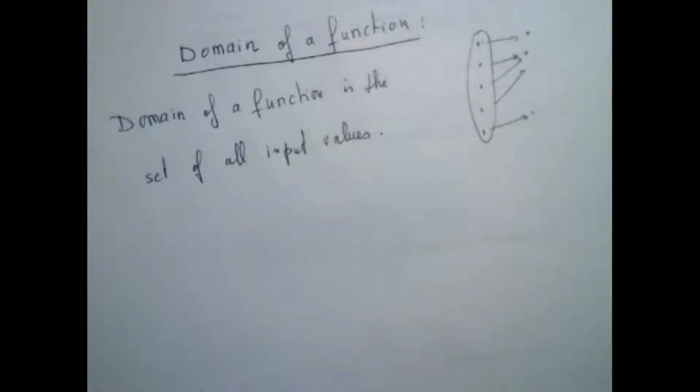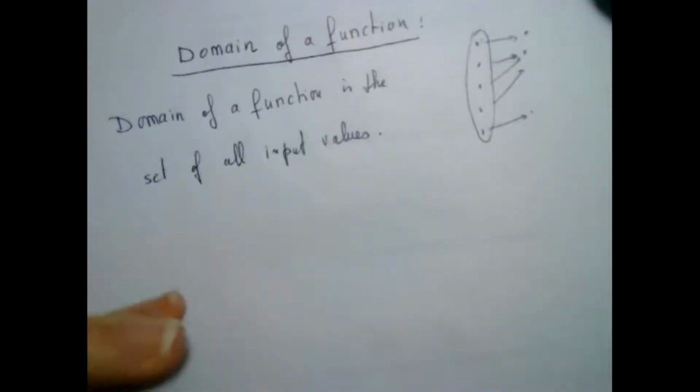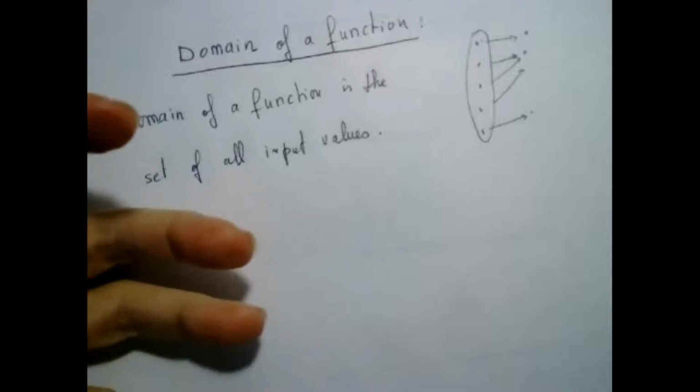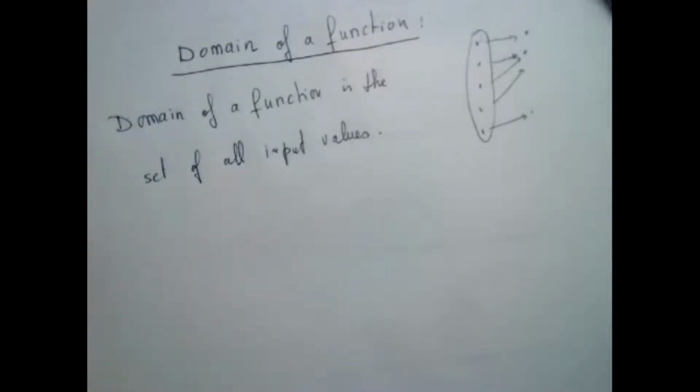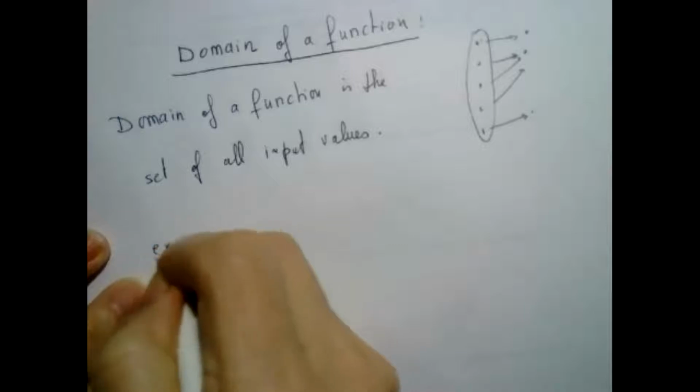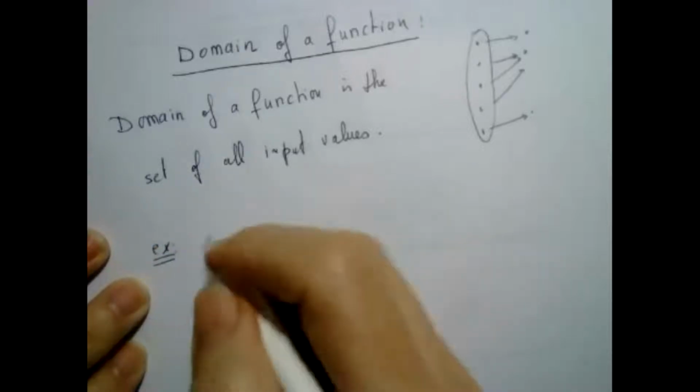Now, how do we find the domain? At least for the first few sections, it's going to be given to us. Later on, we will learn how to find it. But let me explain what I mean with an example. You don't have to write this, but just listen and answer the domain.